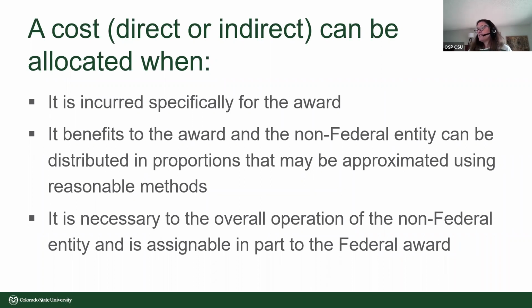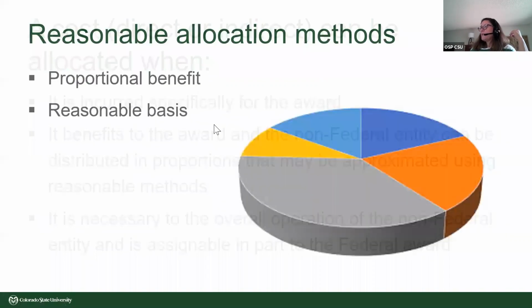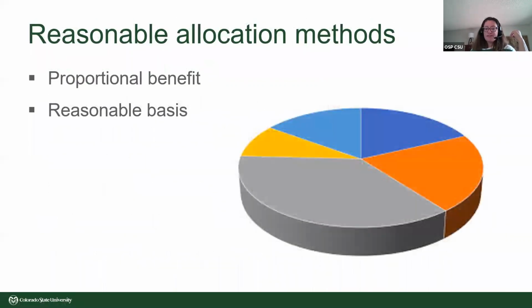And it's necessary to the overall operation, right? So reasonable allocation methods. There are two that we generally think about: proportional benefit and just a reasonable basis. The proportional benefit was back when I said, if you only have 3 students on your REU, then you're only charging for 3 students for those, what did you say, the notebooks that they had, right?